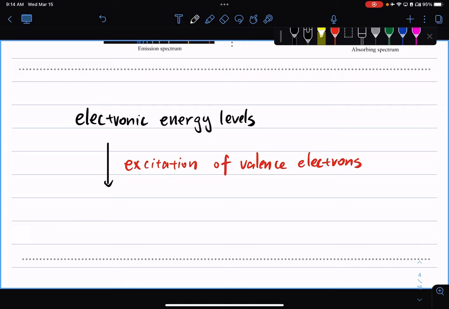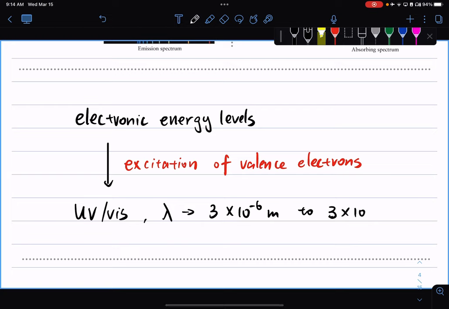So the typical wavelength we use for absorption or emission spectroscopy is UV-vis, with wavelengths in between 3 times 10 to the negative 6 to 3 times 10 to the negative 9 meters.